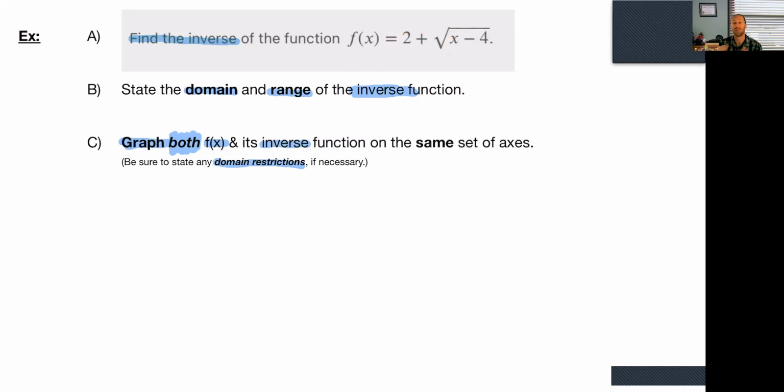So we're going to have some shifting, some translations going on to this square root function. So you should already know that the look of this is that 0, 0, 1, 1, 4, the square root of that is 2, 9, the square root of that is 3, and so on.